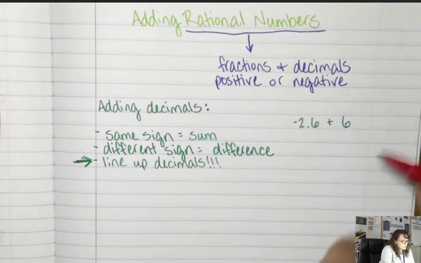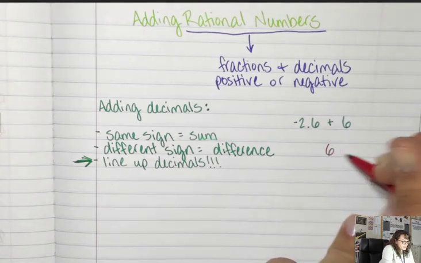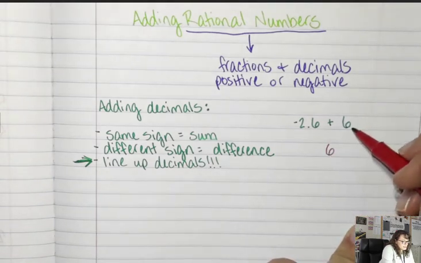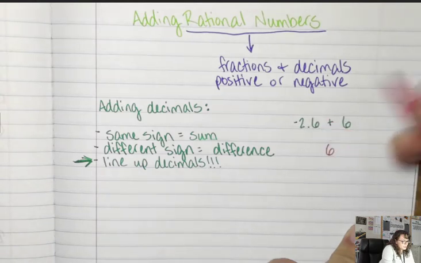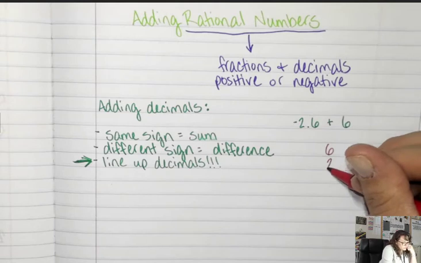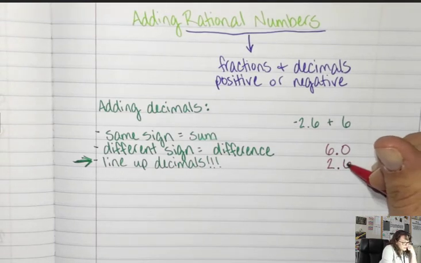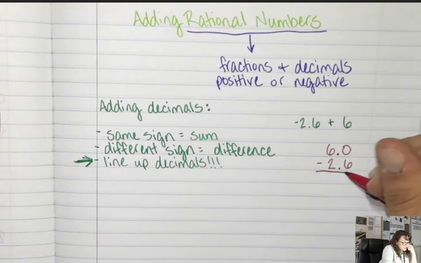What else do I need to do? So I'm going to subtract 6. Do I line the 6 up with the 2 or the 6 up with the 6? 6 up with the 2. So that's going to be 6.0, and that's 2.6. And I'm going to subtract those two.